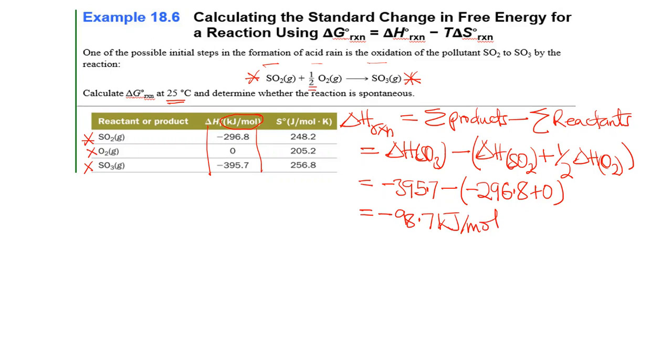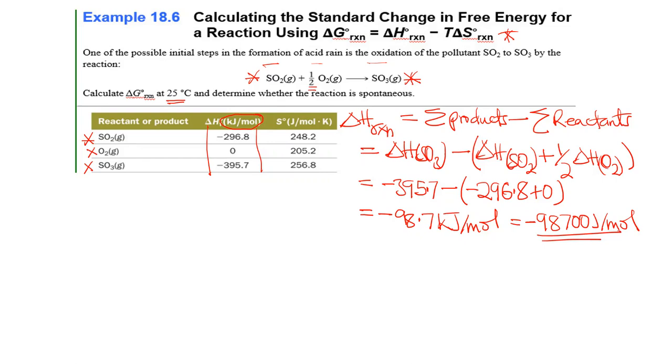Now, another thing you want to do with this is change it to joules per mole, especially if you want to use it in this equation. So this is equal to negative 98700 joules per mole. So this is our answer.